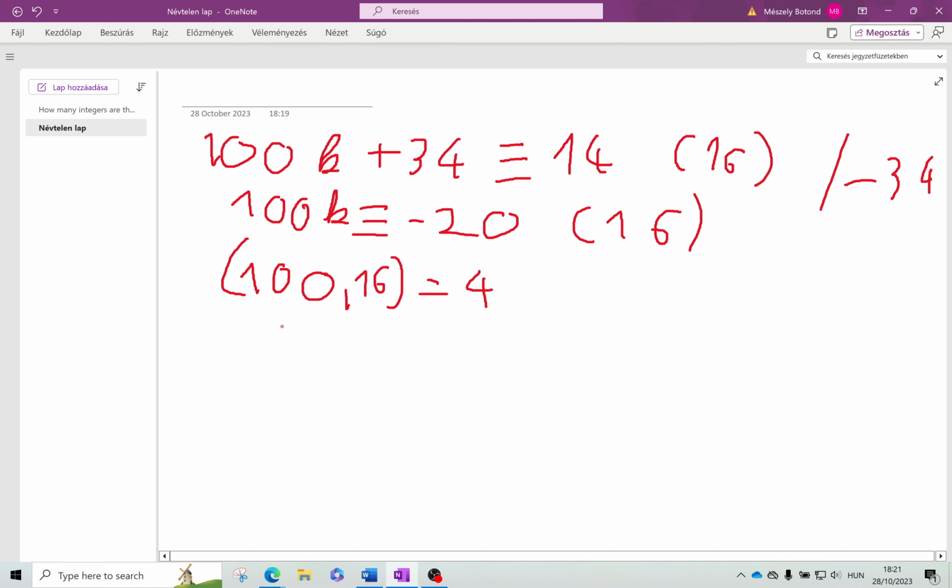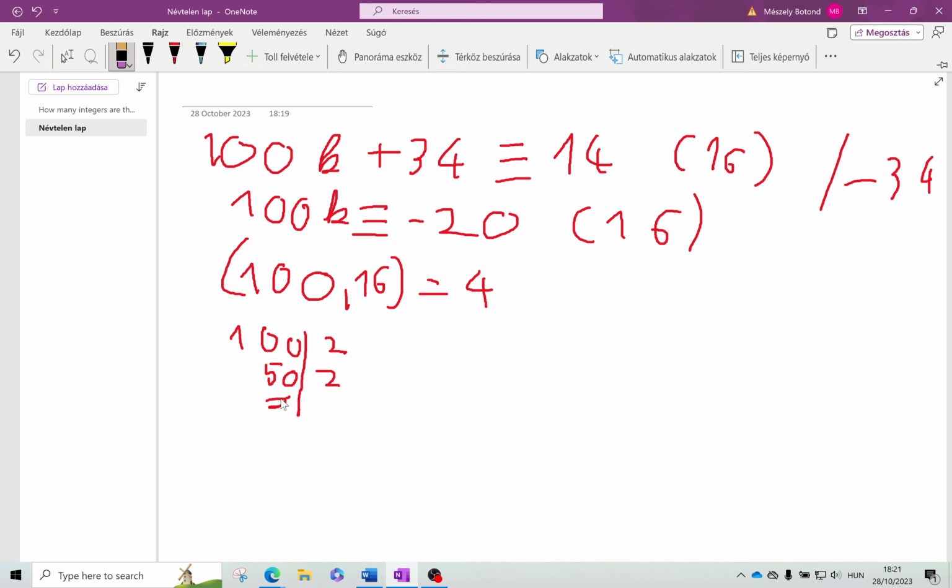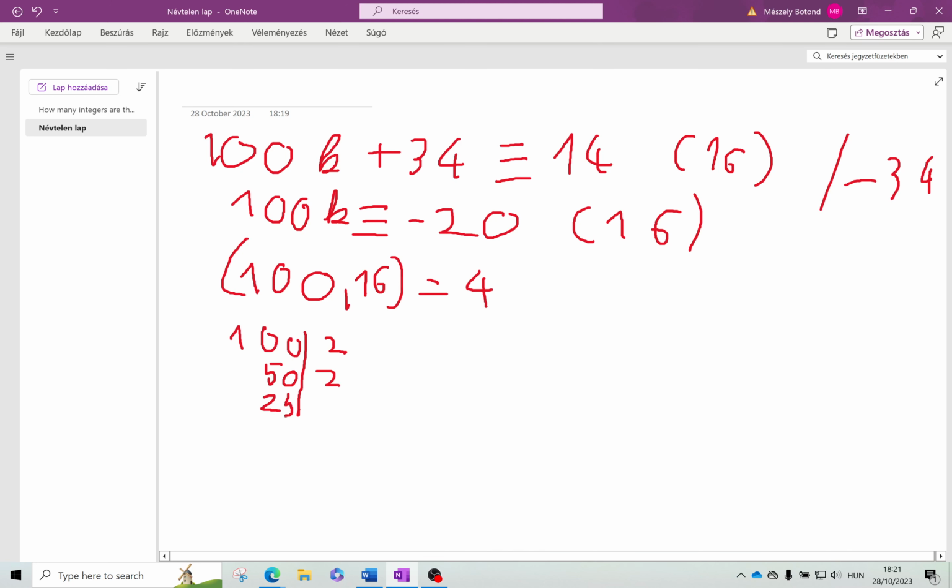You can find this by dividing the number into prime factors. For 100, divide by 2, you get 50, divide by 2, you get 25. You can't divide 25 by 3, so you look at the next prime, 5. You divide by 5, you get 5, divide by 5 again, and you get 1. Hopefully everyone remembers this.